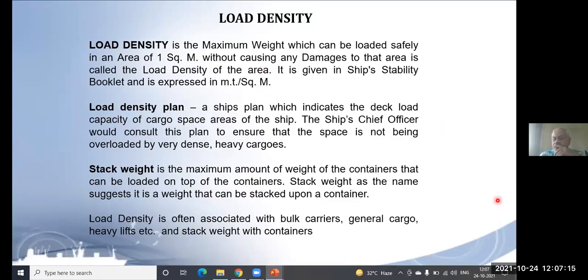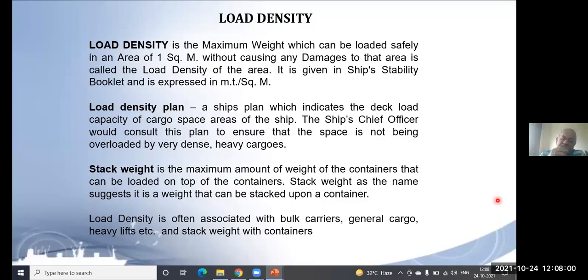So how much weight the cargo will exert on that square meter area has to be considered. Bulk carriers, general cargo ships and containers will be affected by this. Oil cargo is generally light and voluminous, so it will not make much difference there; with oil cargo loading, you take different precautions.